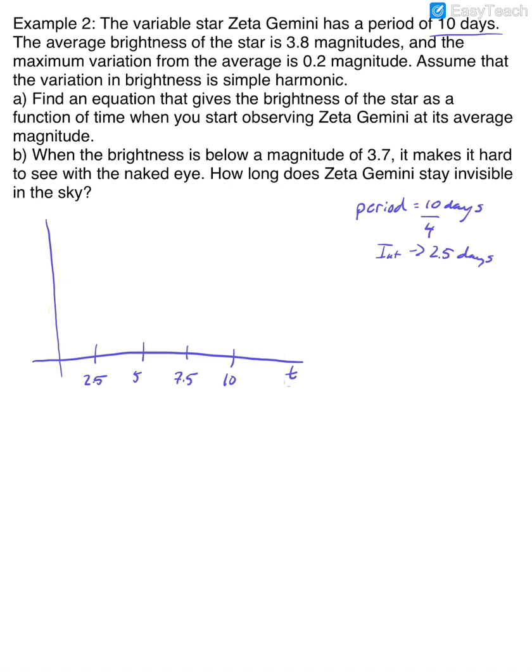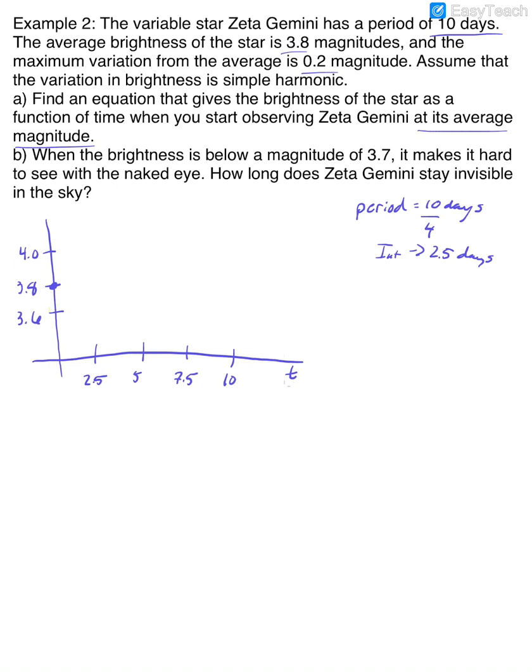Average is the middle, so that would be 3.8. And then 0.2 is the maximum variation, so that means it gets up to 0.2 above it and 0.2 below it. That would be 4 at the top and 3.6 at the bottom. Since you're starting to observe it at its average magnitude, we're starting at 3.8.